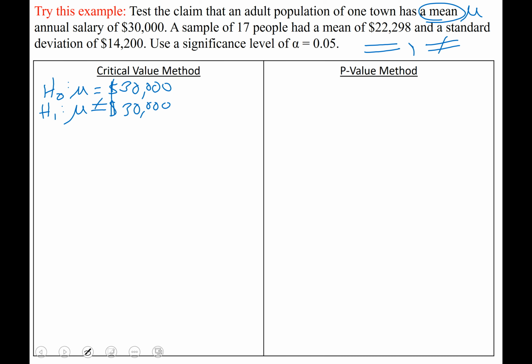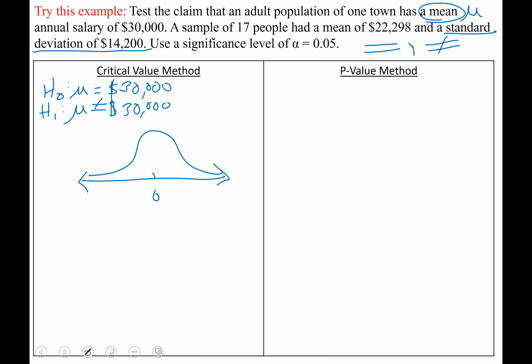Okay, next thing for the critical value method would be to sketch a graph, and it's decision time again. Z or T on the horizontal axis, and that is going to be based on our knowledge of the population standard deviation sigma. Now, this gets really tempting right here because it says a standard deviation of 14,200.